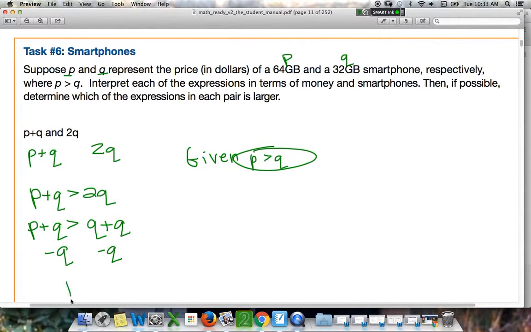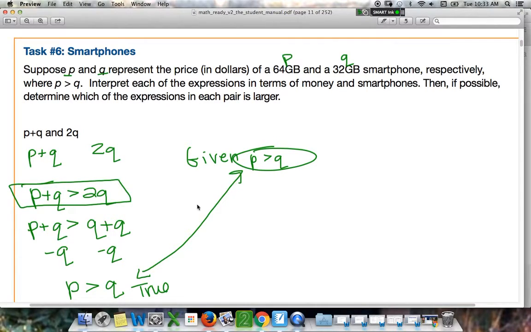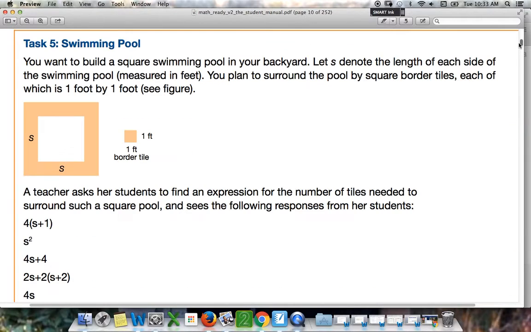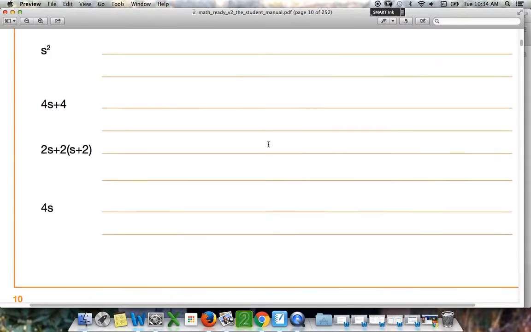So the Q's would go away here and you'd have P is larger than Q. Since these match, that's true. That's what was given, that's true. Therefore, our hypothesis, what we put down first, is true. So if we get to a true statement, then that means P plus Q is larger. Okay. All right, let's go to the next one. And that's really all you need to do in order to get 100% on that.